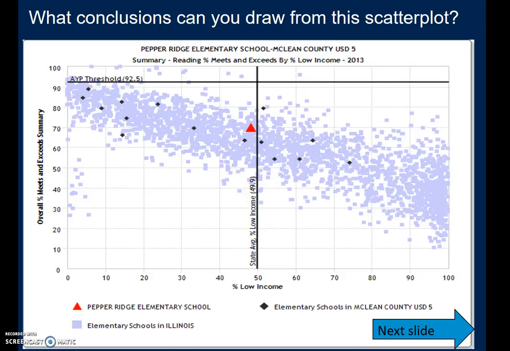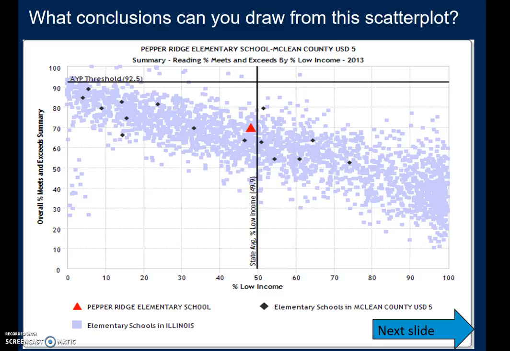The black dots represent McLean County Unit 5 schools, and Pepper Ridge Elementary School is the red triangle. Now there's no significance for that. It's just that to get the data you have to pick a school on the website, so I just picked Pepper Ridge because it was close to where my mouse was at the time.